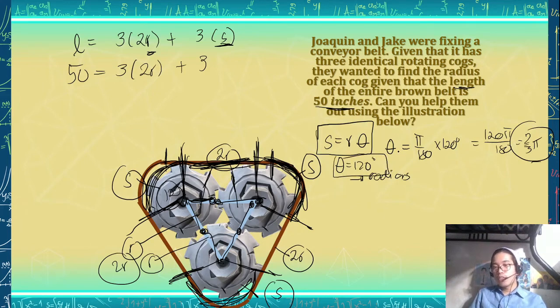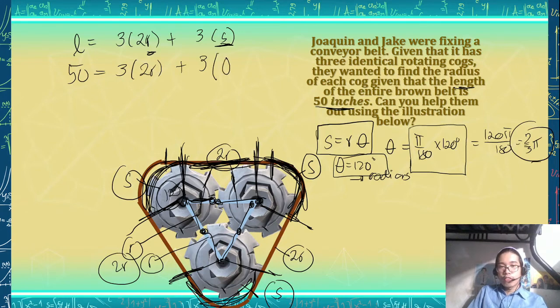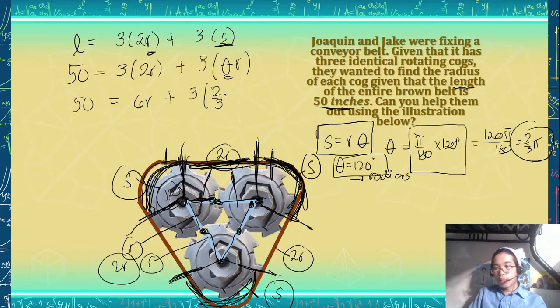This is the formula for transforming degrees into radians: theta is equal to pi over 180 times 120. And in the end, it should give us 2/3 pi for this one. So this is going to be theta times r. Therefore, 50 is going to be equal to 6r plus 3 times the value of the radians, which is 2/3 pi, times r.